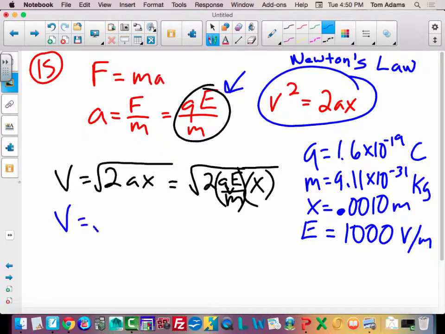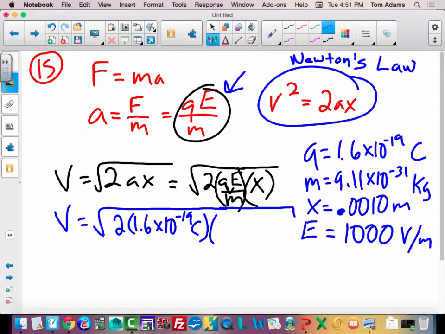The velocity is the square root of 2 times the charge of an electron times the electric field times 0.0010 meters, all over the mass.